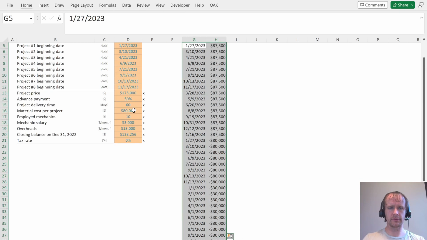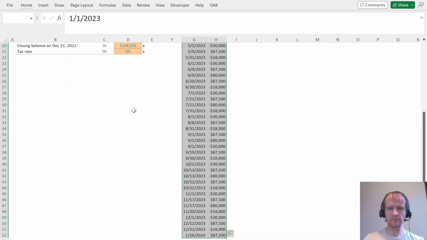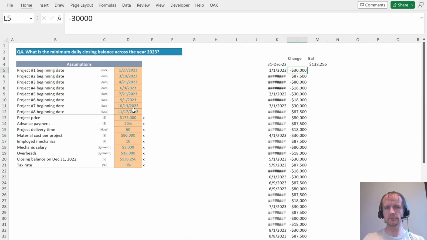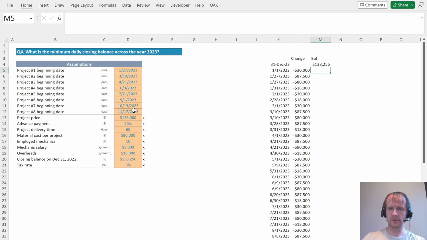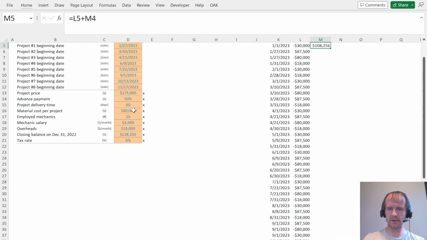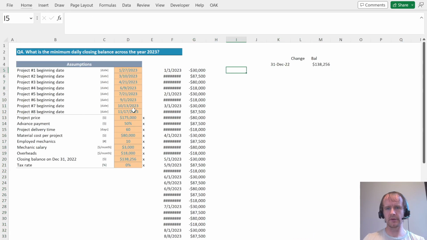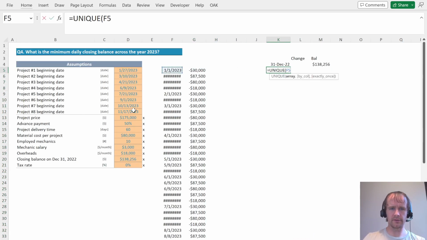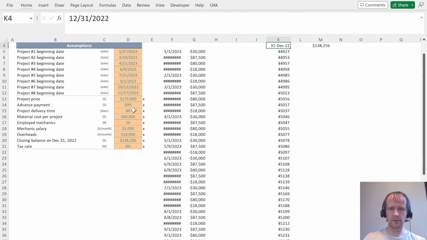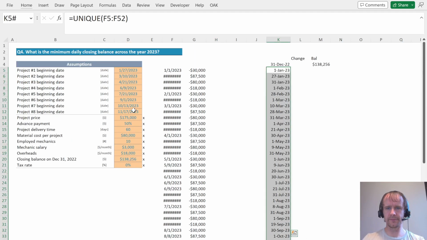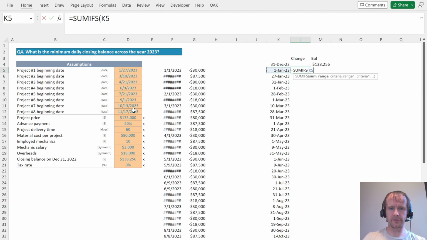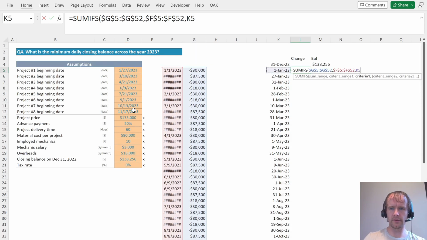We just need to sort this by date. It's just going to be that plus that. No, sorry. Not quite. You're close, not quite. So I need the unique dates. Still want them formatted as dates, though. And then it's going to be some SUMIFS of this, where this is this.